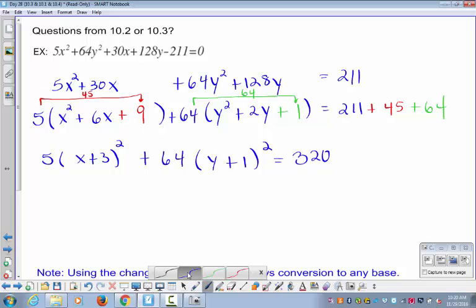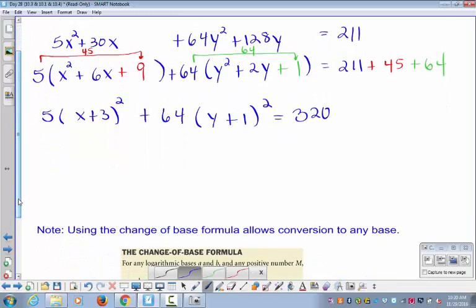Okay, not quite there. With the two conics, the ellipse and the hyperbola, the right-hand side always has to be 1. So we're not quite there. We have to do some division. So we divide both sides by 320, which means divide every term by 320.